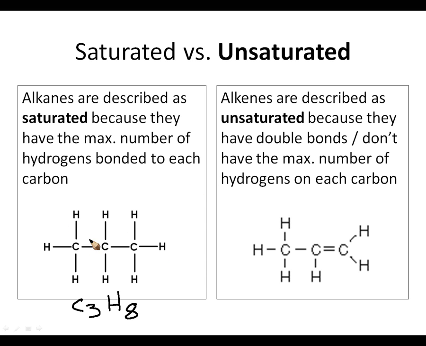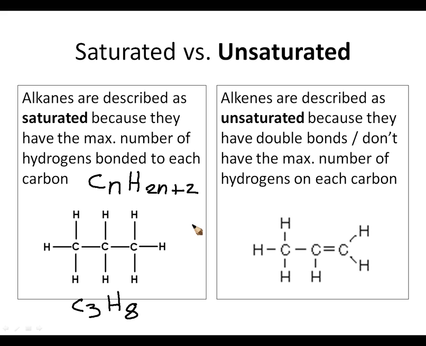And that's actually why we say the general formula for alkanes is CnH2n plus 2, where n is the number of carbons. For an alkane with 3 carbons, it'll be C3, and H2 times n, 6 plus 2 is 8. So that makes sense. You've got 8 here. It's telling us we've got 2 on each carbon plus another 2 on the ends.